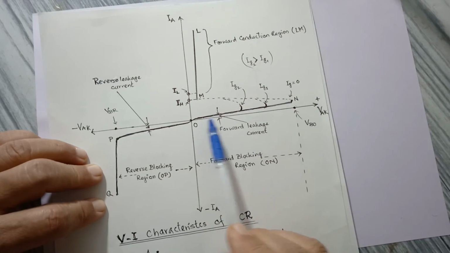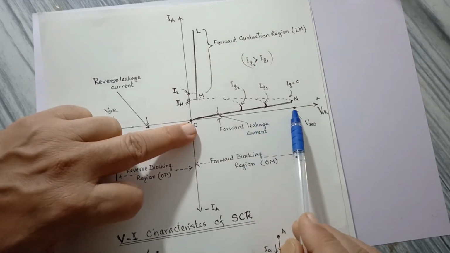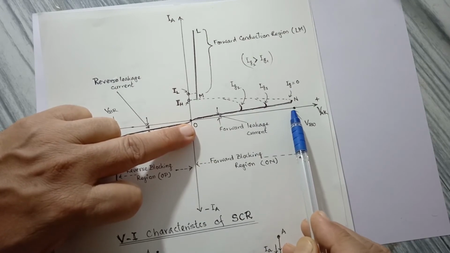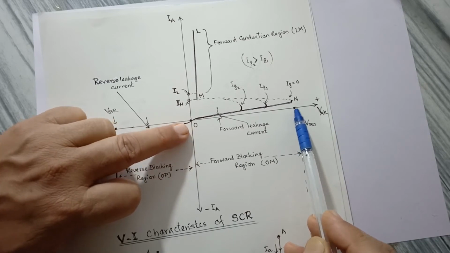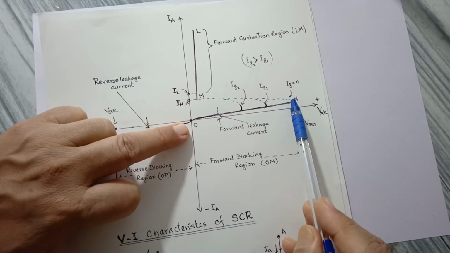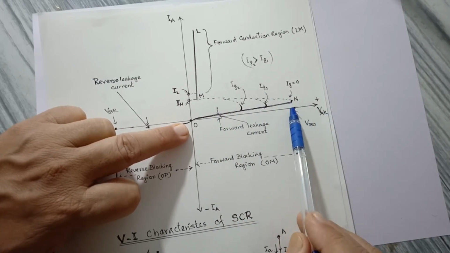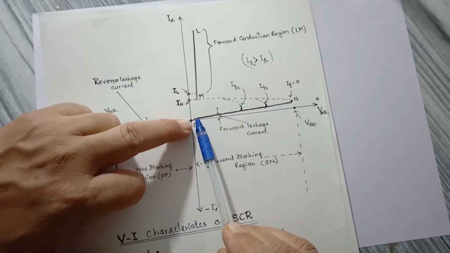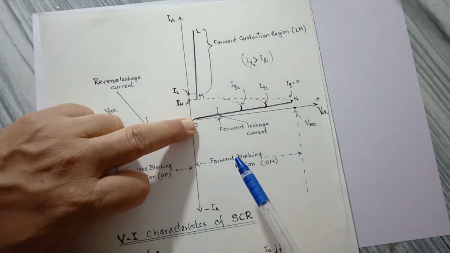Now what happens at a certain very high anode voltage? As we have seen, junction J2 is reverse biased and it may break down, and because of that the SCR suddenly begins to conduct. And one interesting thing happens: as it begins to conduct, the anode to cathode voltage suddenly drops to just 1 to 5 volts and a large anode current flows, right?